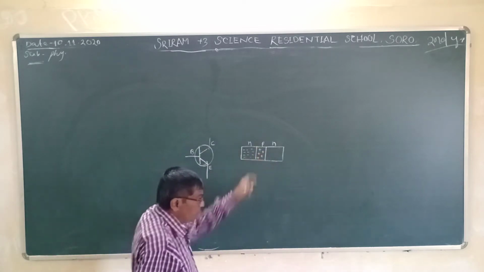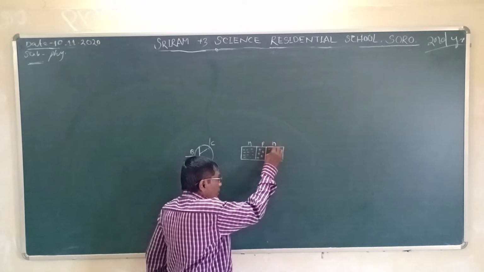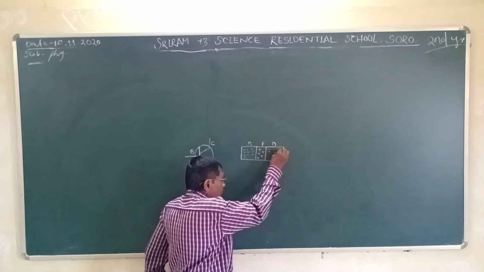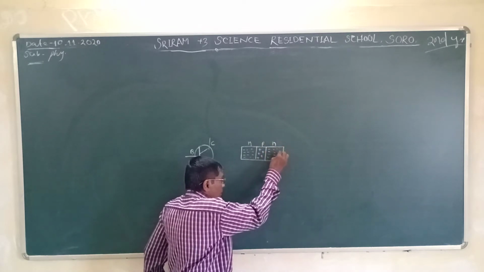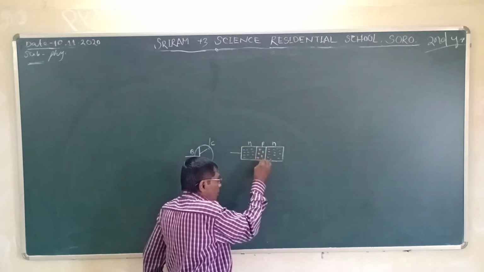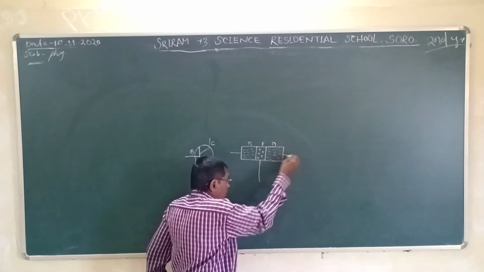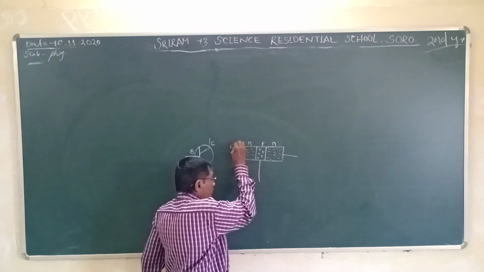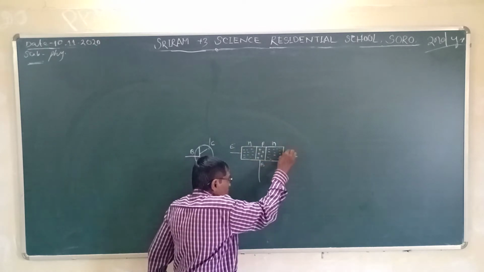This is the p-type material, and the other is the n-type material, which has all electrons. These three terminals are the emitter, the base, and the collector.